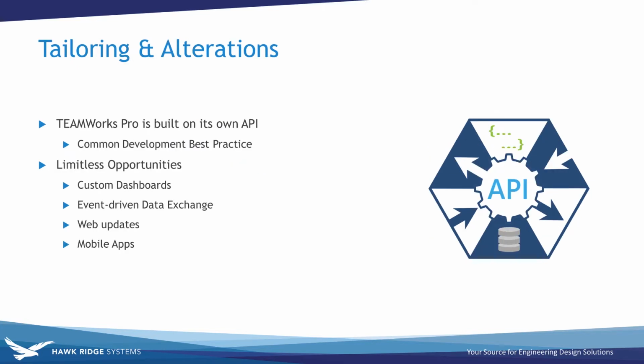And then because we wrote this product, we decided to make the design decision to build it on an API. So it is its own API at the core, and everything that you're going to see in the UI and how it operates and how it functions is built against that API. Any of you that have done some programming will know what I'm talking about there, but for the rest of you, it really just means that we can tailor it to do just about anything you need, because of the way it's architected.